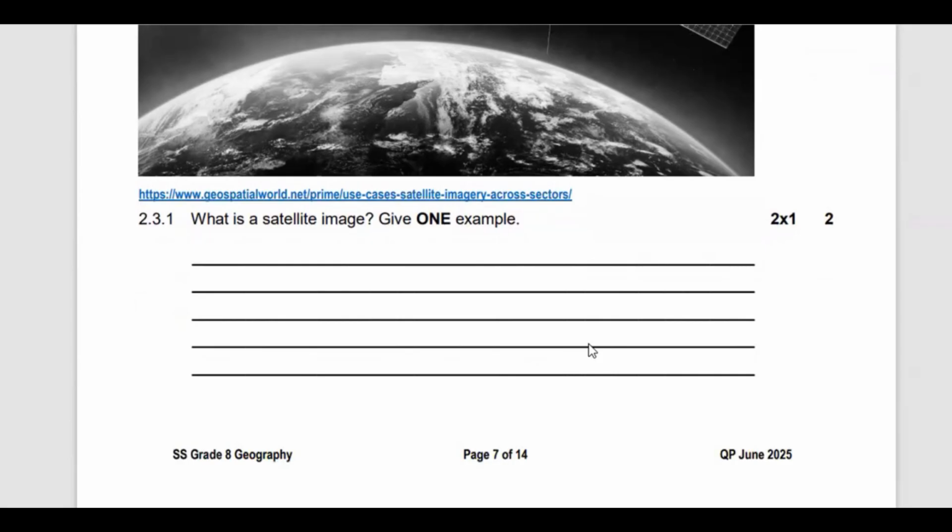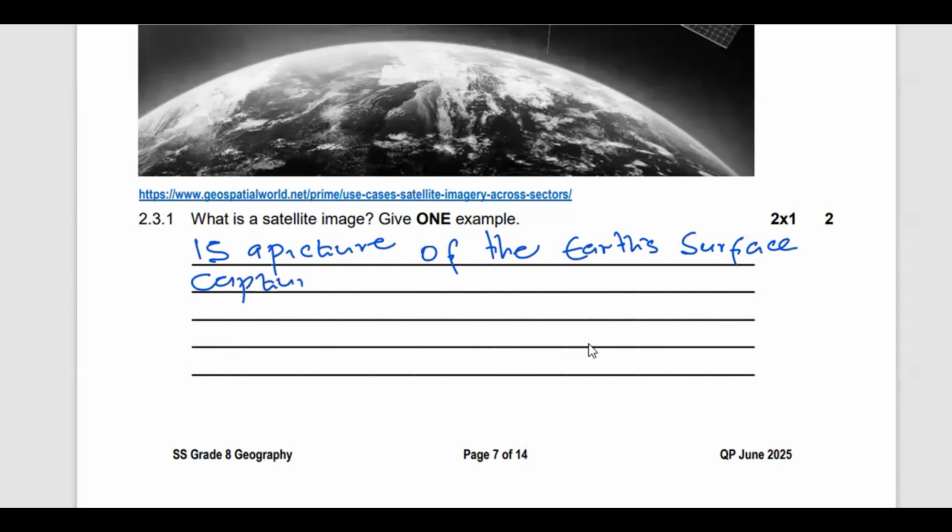A satellite image is a picture of the Earth's surface captured by a satellite orbiting the Earth.